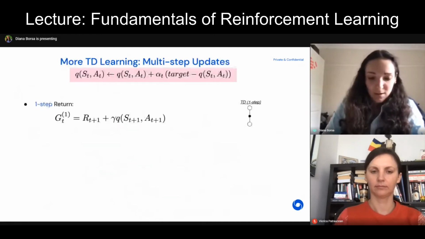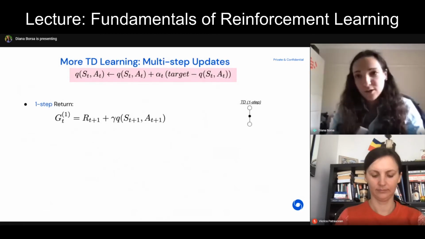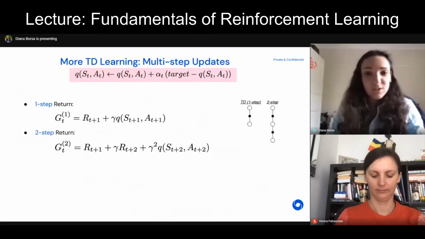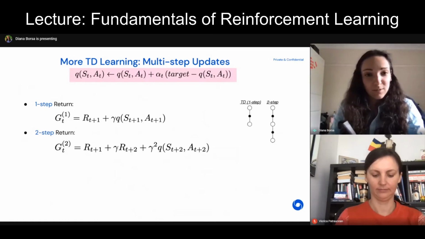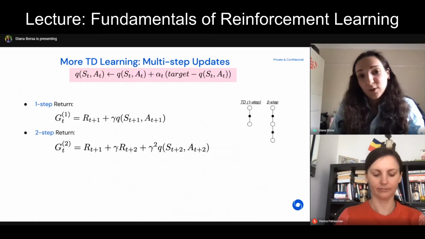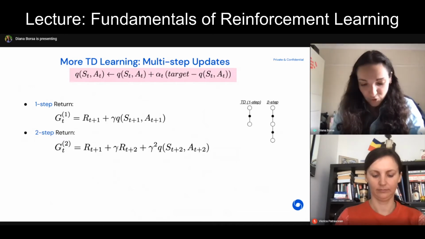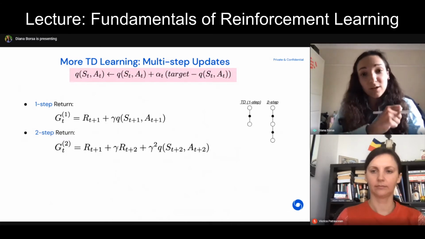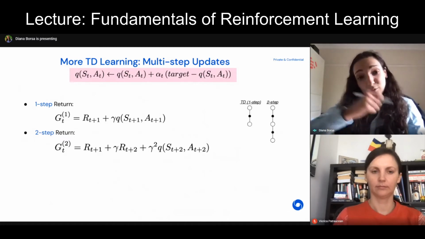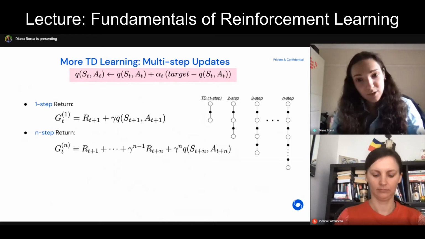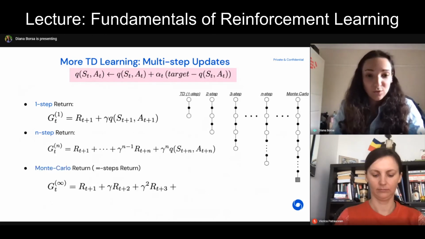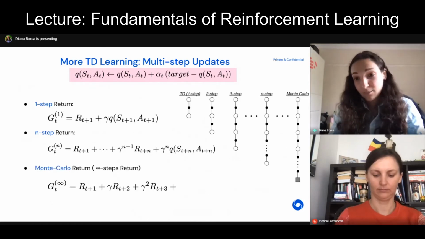Okay. And of course, the question becomes, can we do something in between? There are two extremes here, but we can do things in between. Here I'm just showing the two-step return, where we're unfolding the environment for 2 steps and then bootstrapping. In general, we can do that with an n-step return. And as n tends to infinity, we recover the Monte-Carlo return.